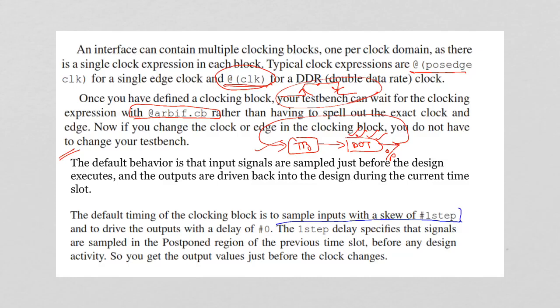That amount of time is going to be specified with #1. Whereas inputs for the DUT, that means outputs of the test bench driving the DUT, are with a delay of 0. Delay of 0 is nothing but at the clock edge itself. So you must drive the signals into the DUT with no delay, whereas you must take the samples of the DUT, that means outputs of the DUT, with a skew of one step.